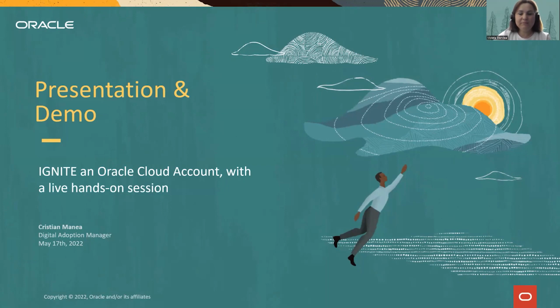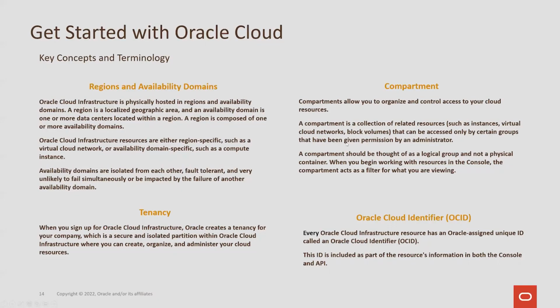Perfect. I hope everyone did register and reserve the workshop or sign in on their own tenancy. So we will follow later the labs that we have prepared for you today. First, let's start with some key concepts and terminology that we're going to use today.